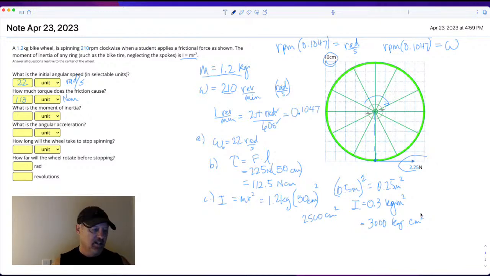Okay, so that's that. And then the angular acceleration, we have to make a correlation between the torque in part B and I here. So D, the angular acceleration: torque equals I alpha, and we know torque and we know I, so we take torque divided by I and we get alpha.